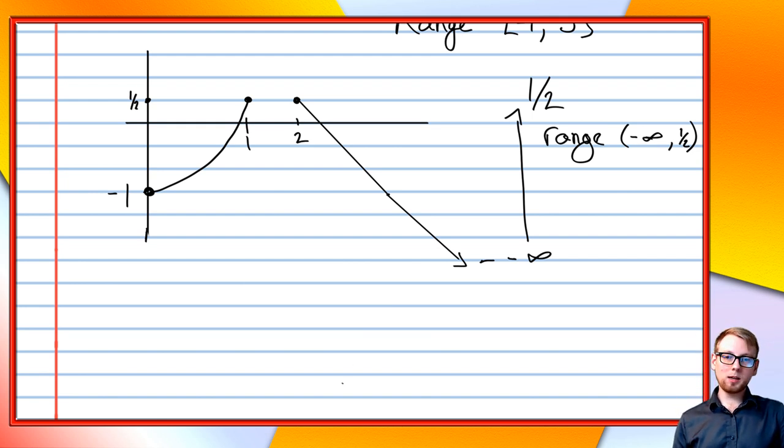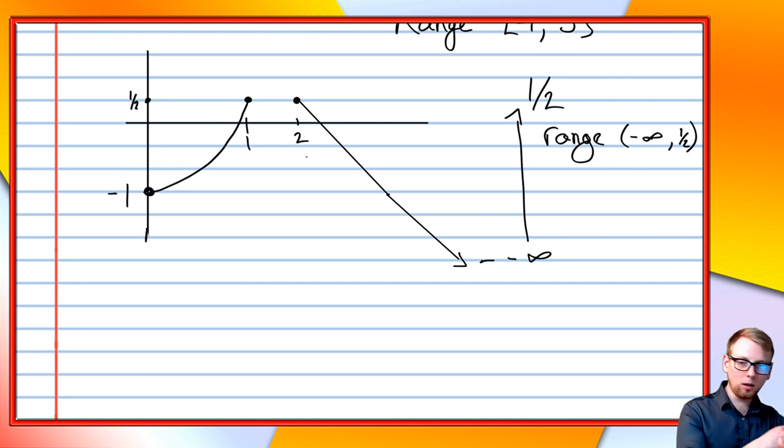What is the domain of this function? No, not quite. It's missing a piece. So there's a gap in the domain. It doesn't exist between 1 and 2. So you just have a gap, right?